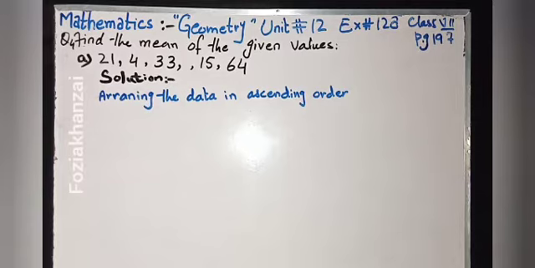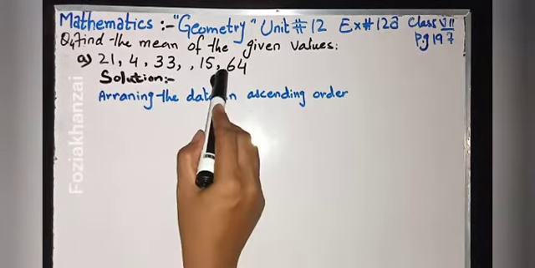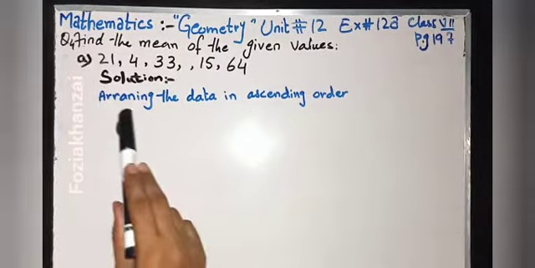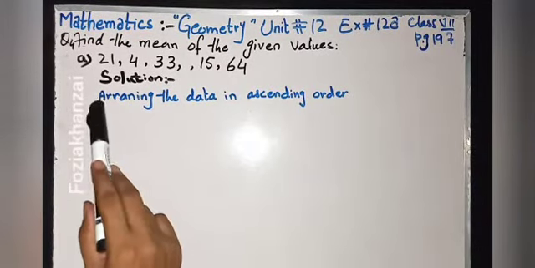The average value means we add all the values, then divide by the total number of items.